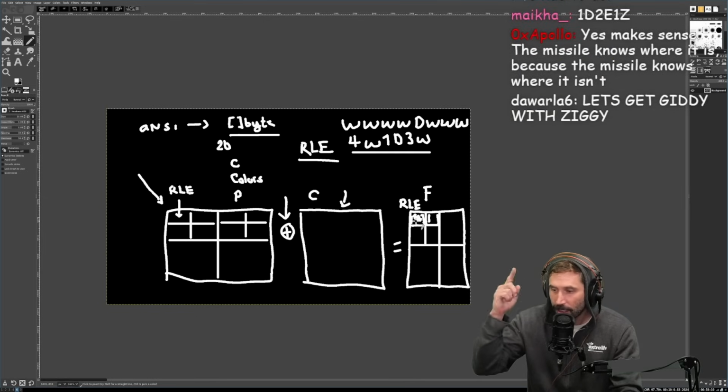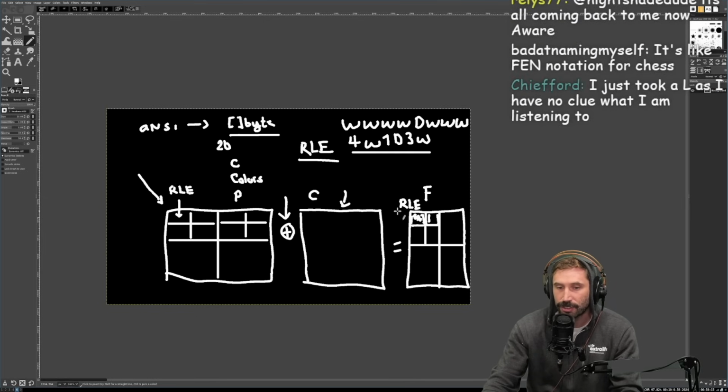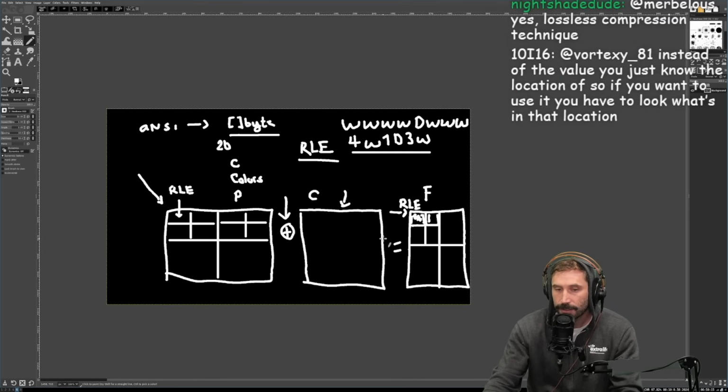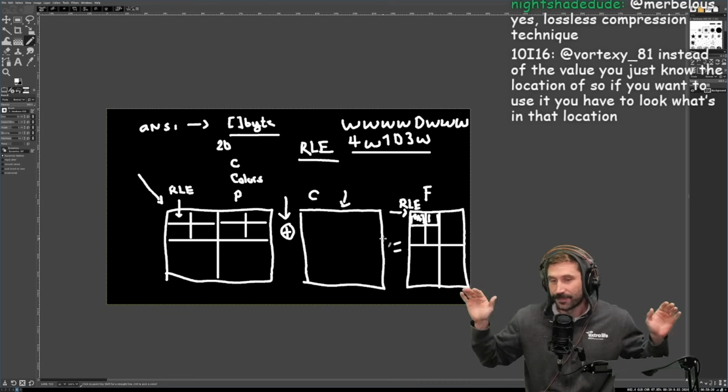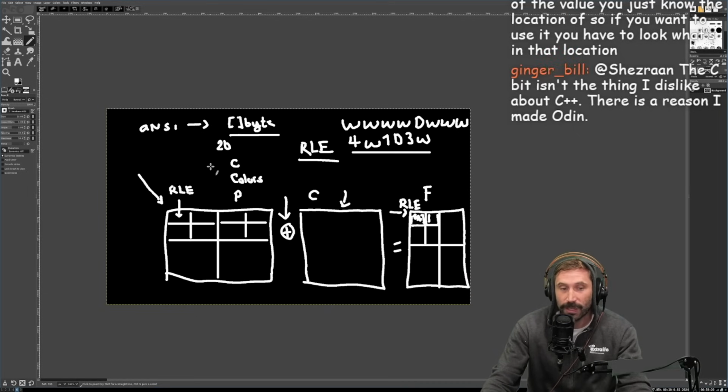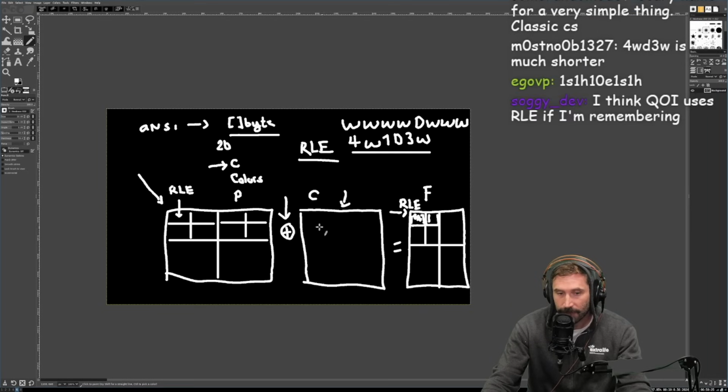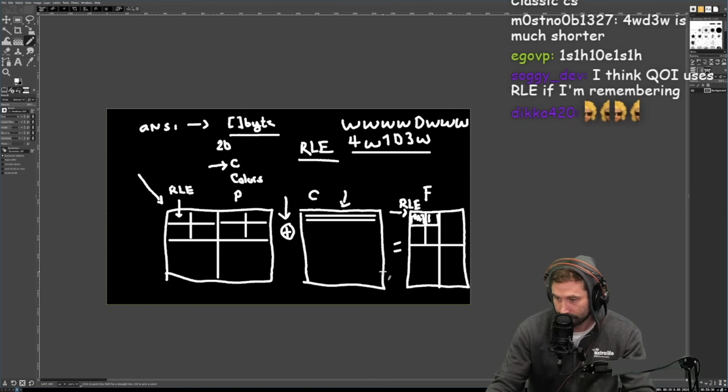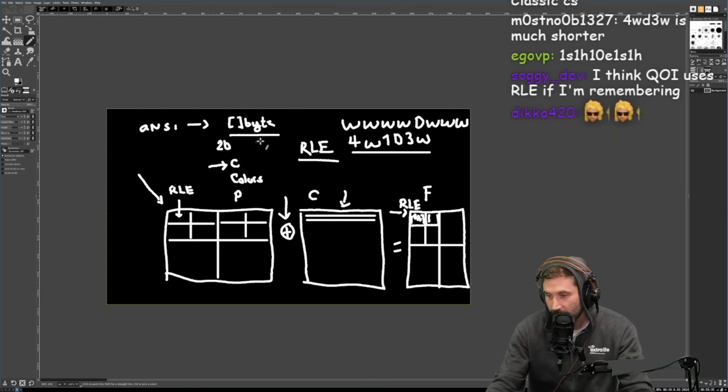So RLEing the box as opposed to the whole line is probably going to be really efficient. We're guessing here. I want to be able to run these different things, whereas the characters are probably better to RLE as a line as opposed to as a box. So we're going to make some guesses here and see how that goes.